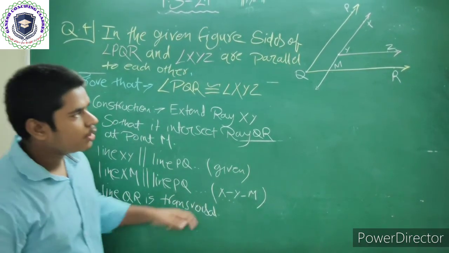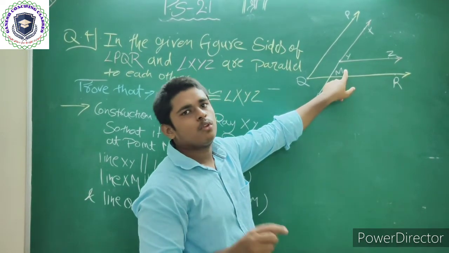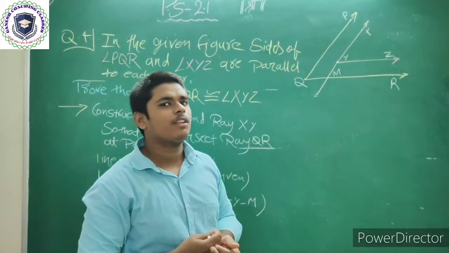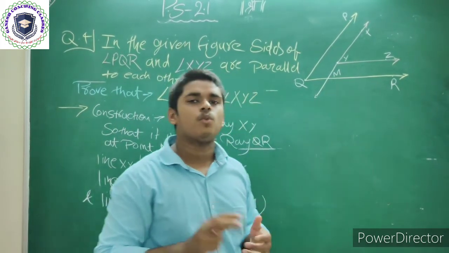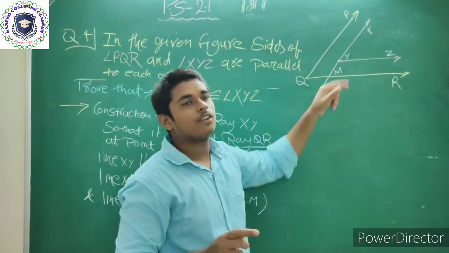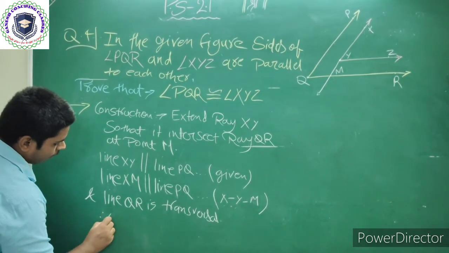Now when we look into the figure, we see that this angle and this angle both look alike, meaning the same. When both angles look the same in the figure, we conclude that these two angles should be corresponding angles.